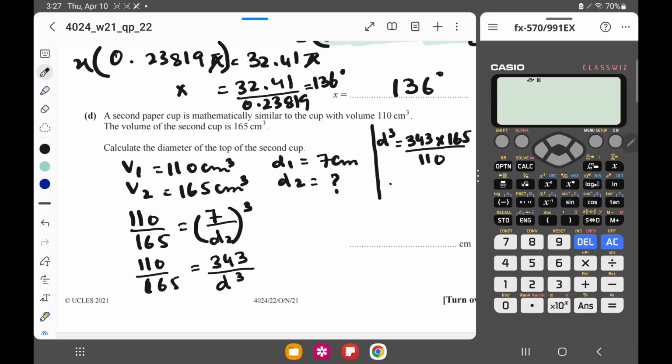Then you can take the cube root and that will be your final answer. Take your calculator and find out. That is 343 times 165 divided by 110, which gives 8.01 or 8 centimeters.